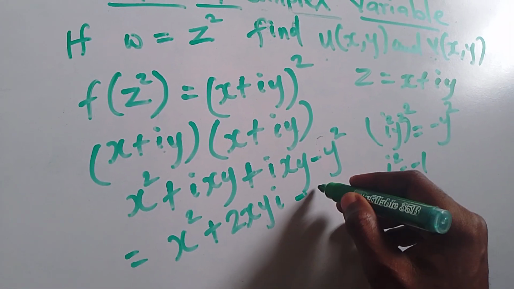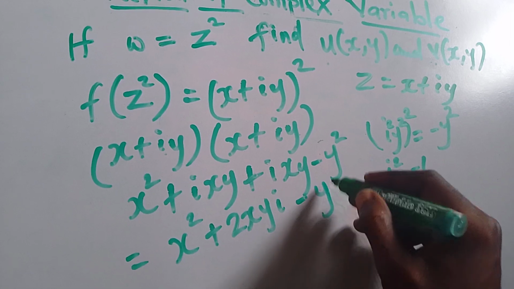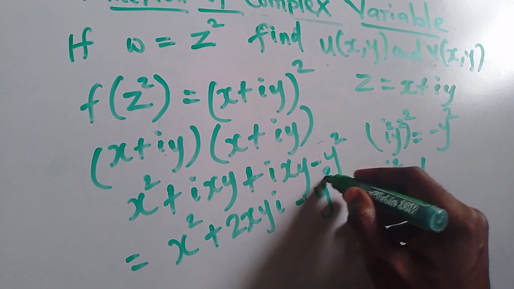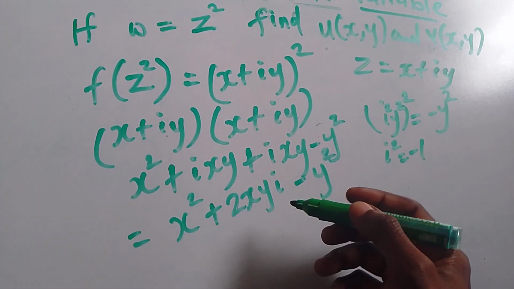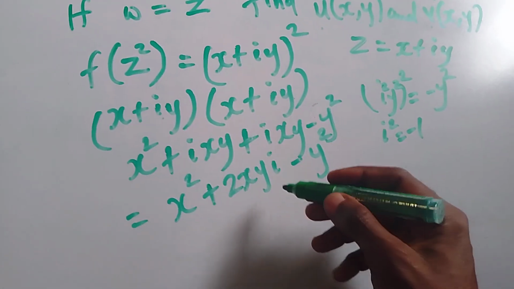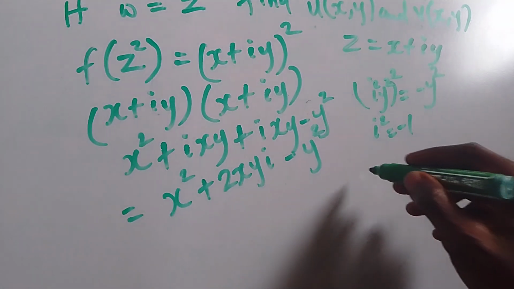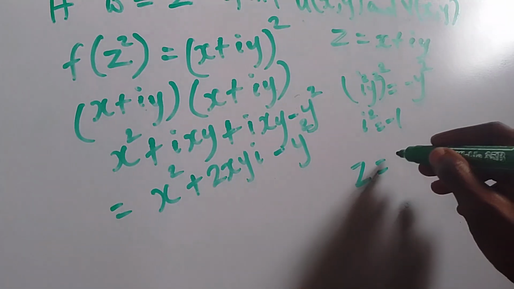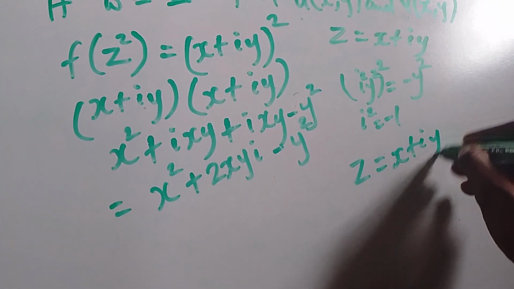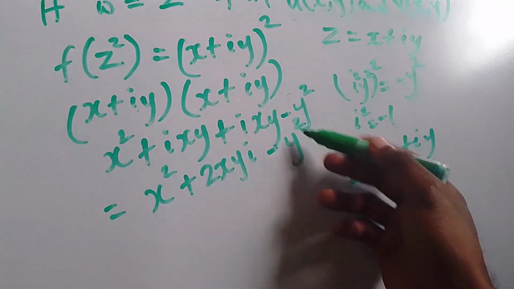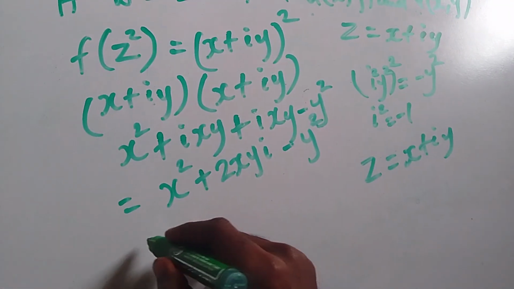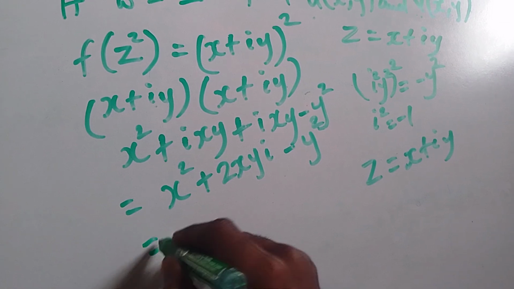Then minus y square. At this point, we know that complex numbers are arranged as x plus iy, so the imaginary part has to go to the back. So we can rearrange this to get our final answer.